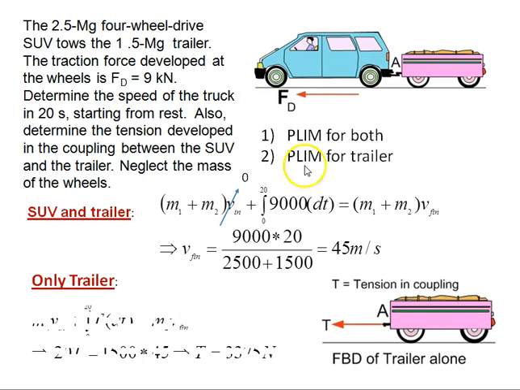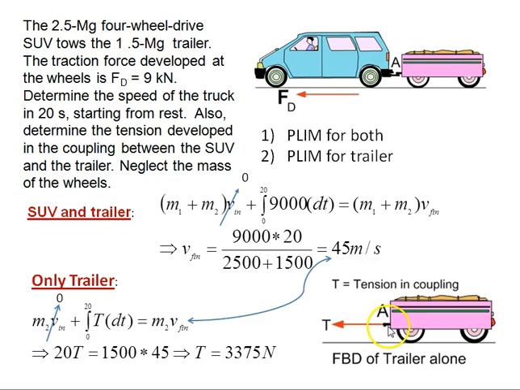And then we draw the free body diagram of the trailer alone. If you consider the trailer alone, this T is the tension in the coupling that is acting on it. Note that this Fd is acting on the SUV. So for this we write initial momentum plus the impulse is equal to final momentum.